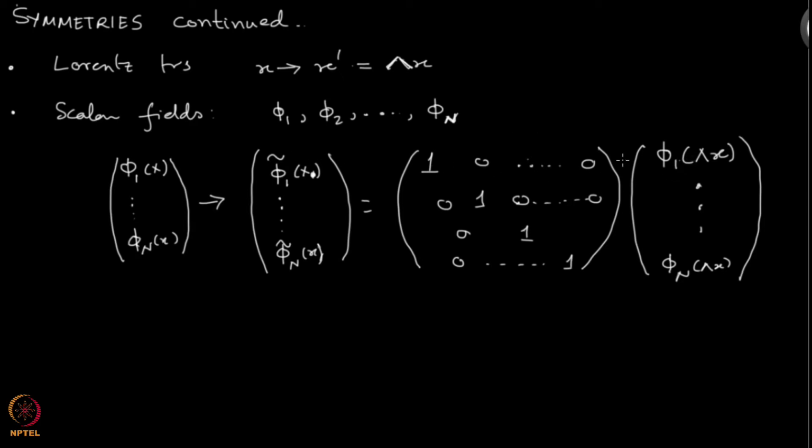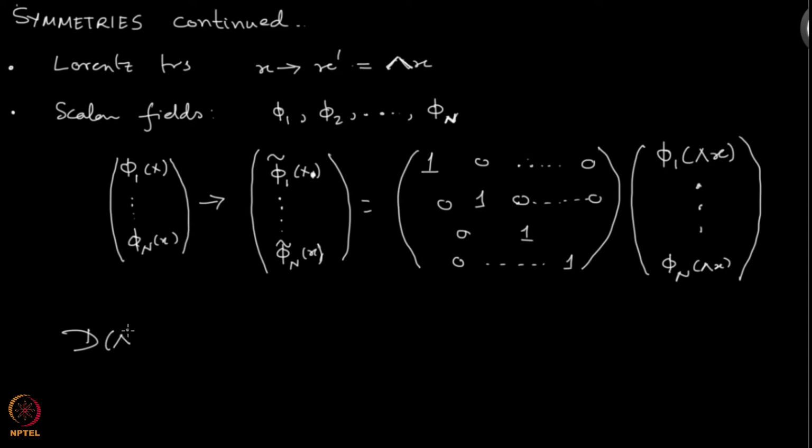So the representation matrix is the identity, and phi tilde 1 of x is just phi 1 of lambda x, and phi tilde n of x is phi n of lambda x. Which means that the phi is not changing. The argument is of course changing, but that's beside the point. As far as the scalar is concerned, it's just saying that the phi doesn't change into something else.